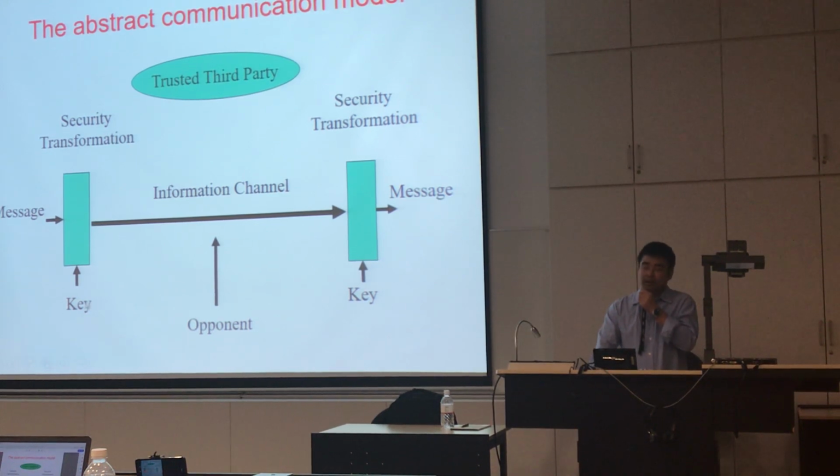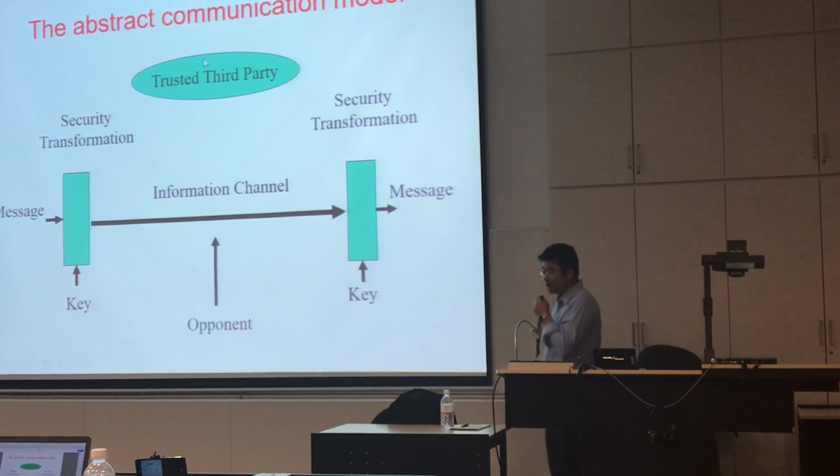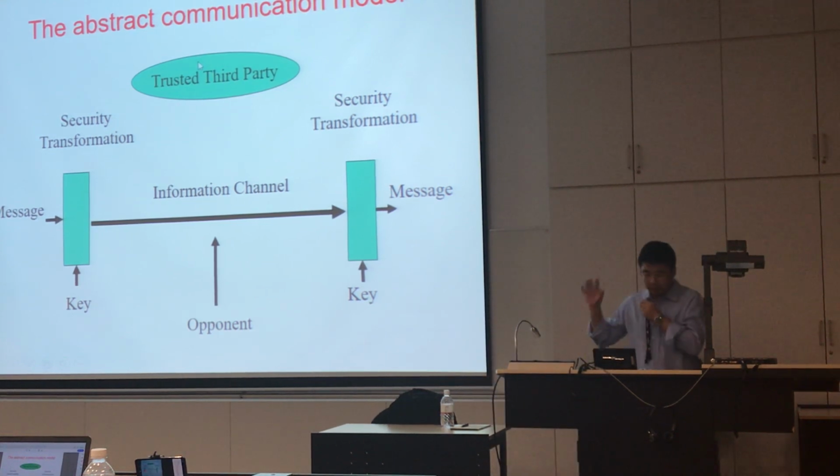Without the key, the attacker cannot perform this transformation, so that we can prevent attacks. And to establish these keys, we may need some trusted third parties. That's the rough picture of the communication model.